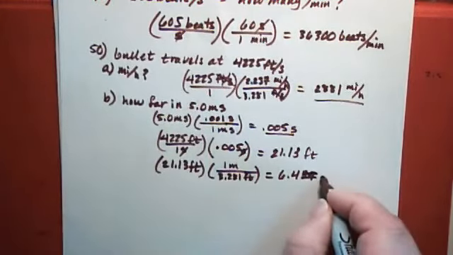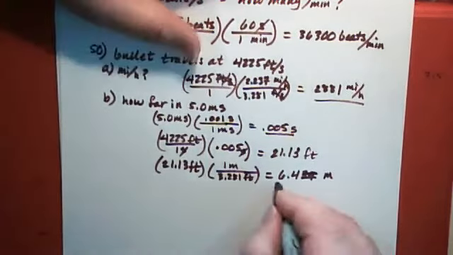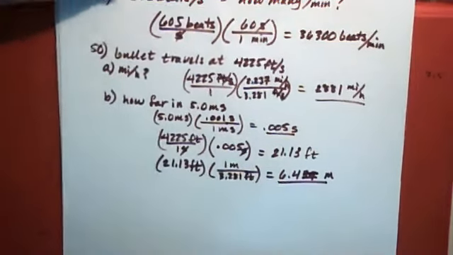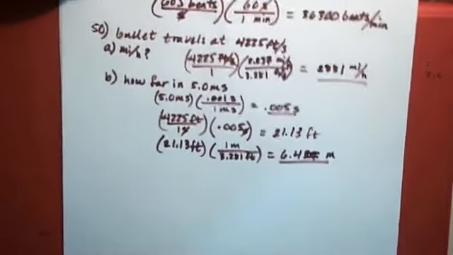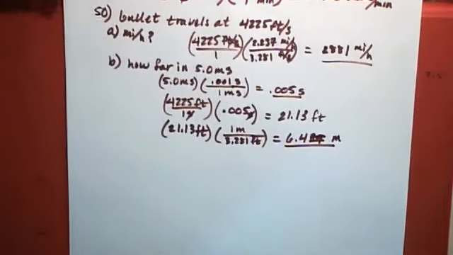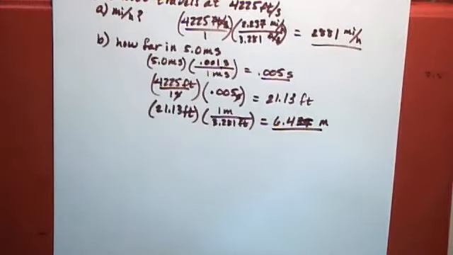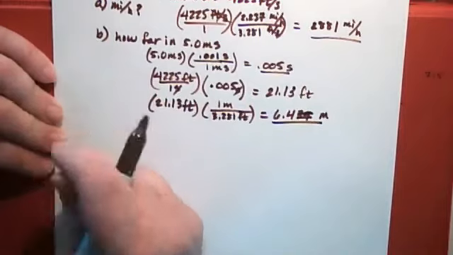So 6.4 would be the number of meters. Okay, so 6.4 meters in 5 milliseconds. Pretty fast.